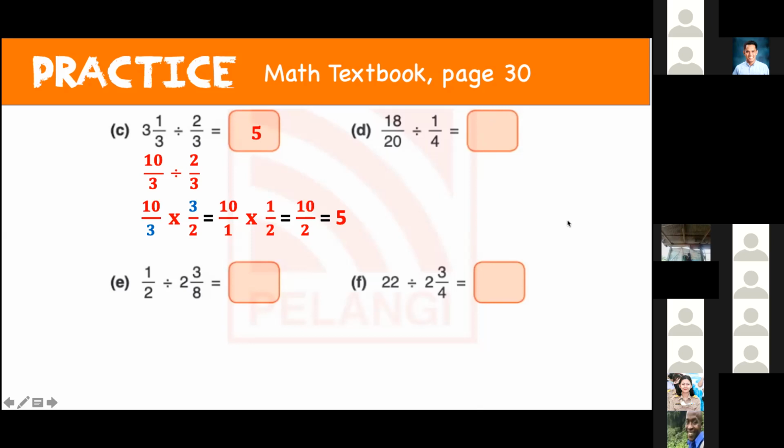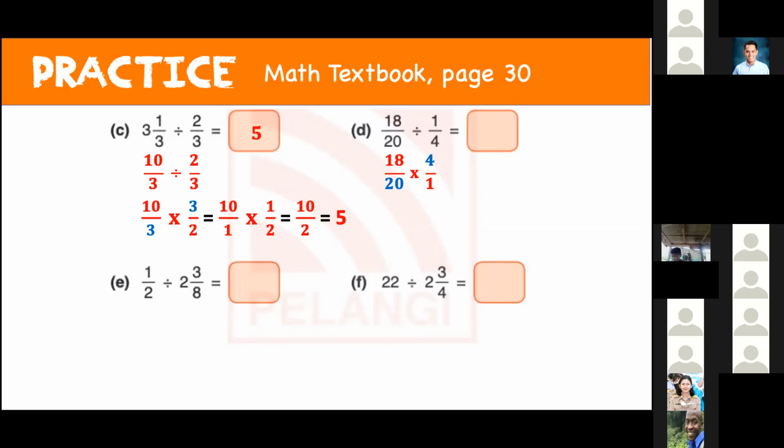Okay, letter D is easy for you. You will just write 18 over 20 times 4 over 1. 4 and 20, you can divide by 4. What will be the new number? 4 divided by 4 is 1. 20 divided by 4 is 5.